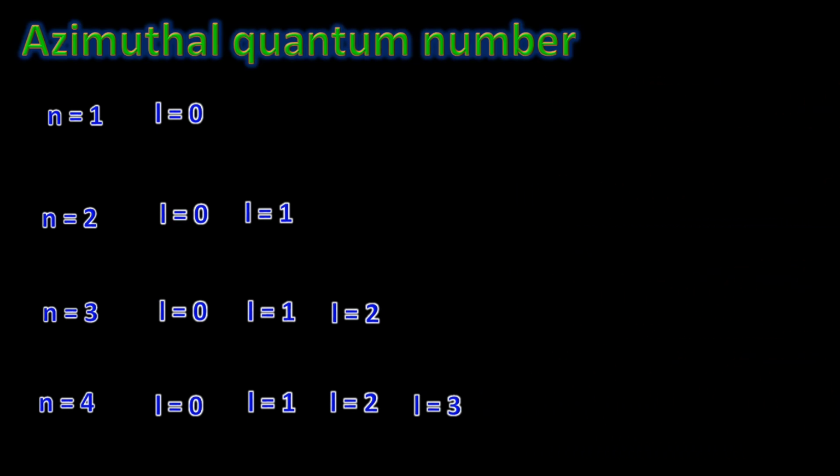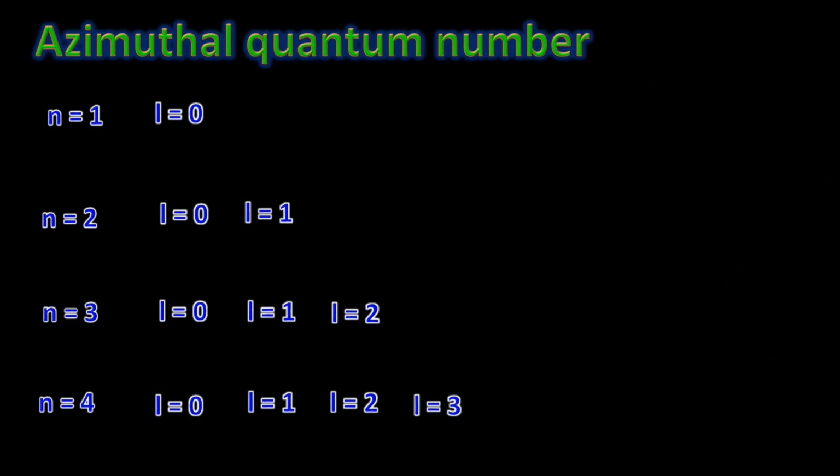L equal to 0 means it is an s orbital. Whereas coming to L equal to 1, it is a p orbital, which is dumbbell shaped. When L is equal to 2, d orbitals take a double dumbbell shape, and L equal to 3, f orbitals take complex structures.